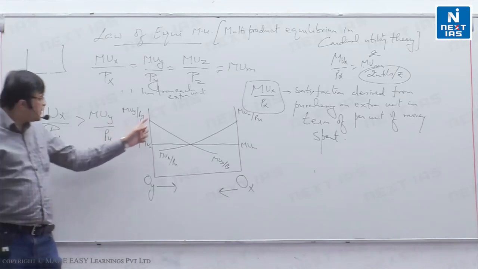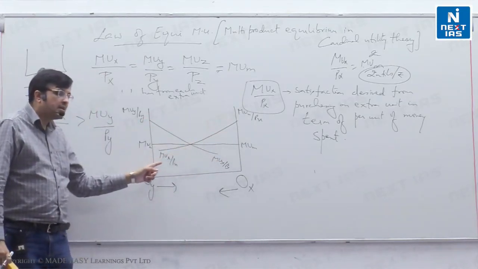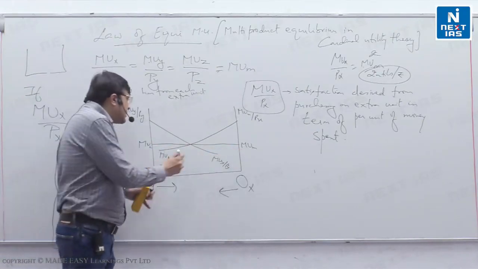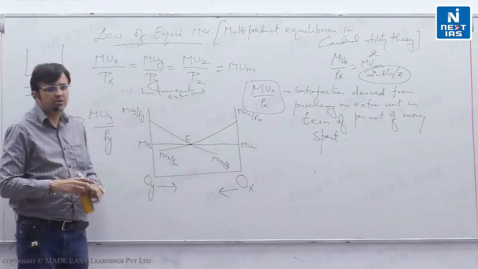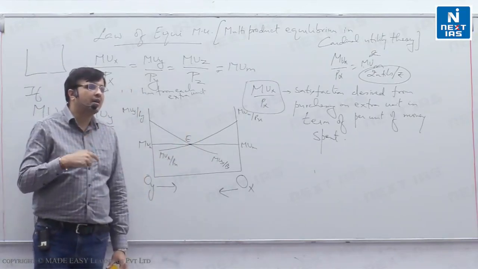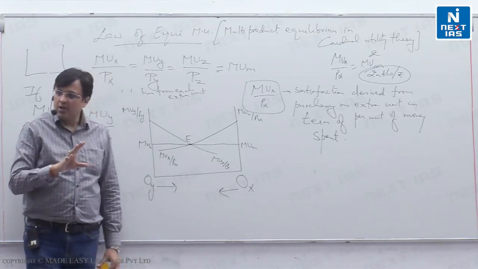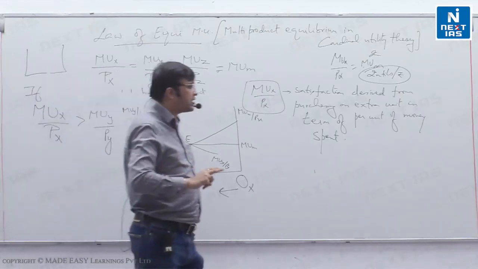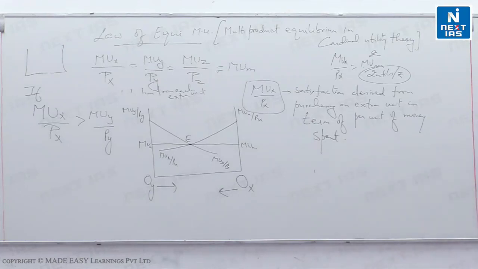This can be MUY by PY, this can be MUX by PX, and this can be MUM, and we can believe that this is a graphical representation of consumer equilibrium in case of two commodities in a cardinal utility system. That is the graphical representation that you can write for it.